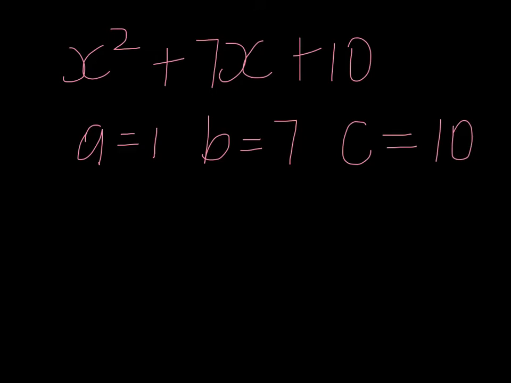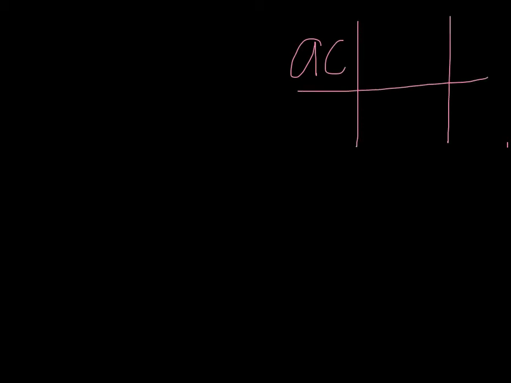Now, when I do this, I like to do a little table. Looks something like this. We want to work out what a times c is. For this example, a times c is 10 and the b is 7.